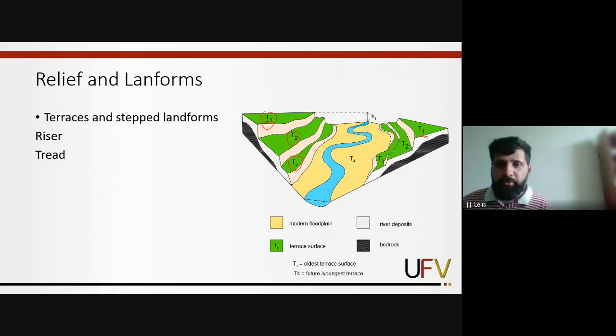It also started to erode the material and deposited a new material, T3, and now here it is creating a new floodplain, we call T4. And if this river goes down again, T4 will become a new terrace. It won't be a floodplain anymore, and we start to call it a terrace, a raised terrace, okay? And this river will create a new floodplain.